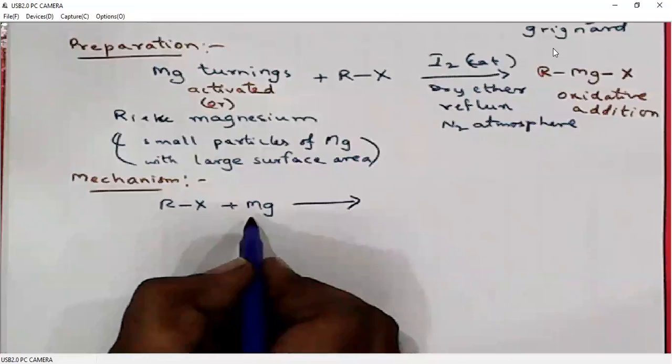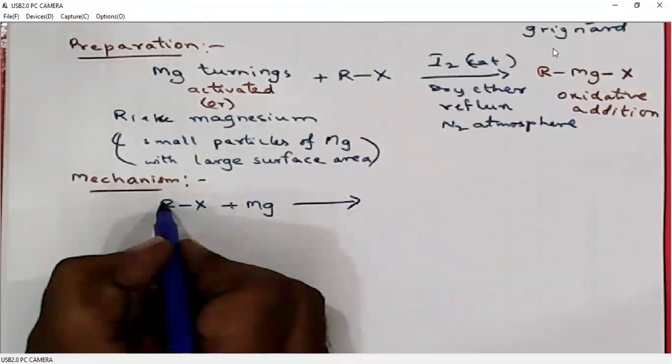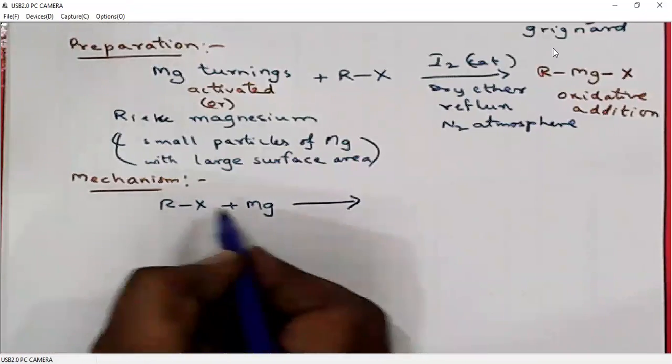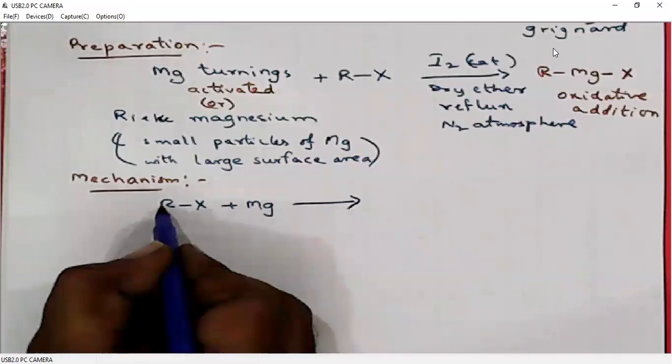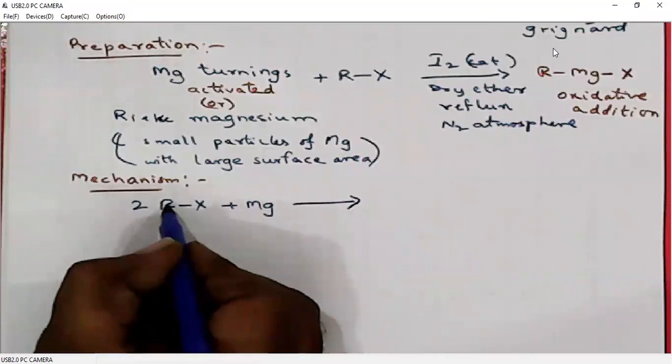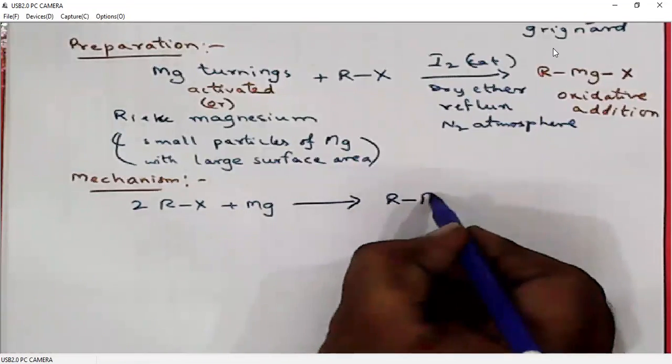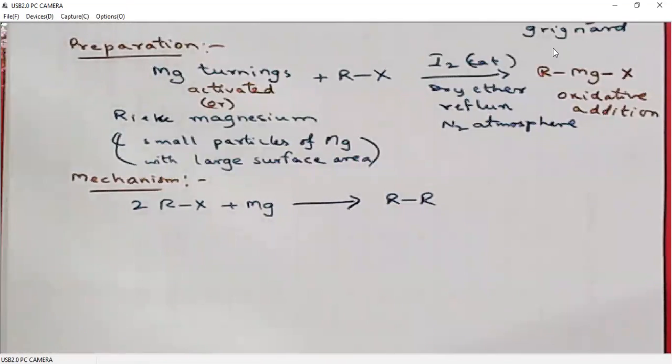Magnesium, a divalent cation, generates 2 electrons. In RX, R is positively charged, X is negatively charged. So the 2 electrons will be given to R plus, and it becomes R minus. Then this R minus will undergo nucleophilic substitution with another alkyl halide.